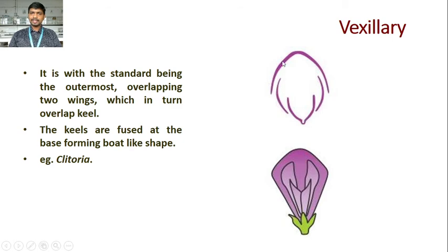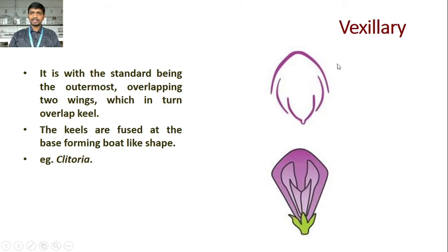So the vexillum, which is the standard, is the outermost, overlapping the two wings, which in turn overlap the keel. The keels are fused at the base, forming a boat-like shape, for example Clitoria. This type of estivation is found in Clitoria, family Fabaceae. The estivation is vexillary.